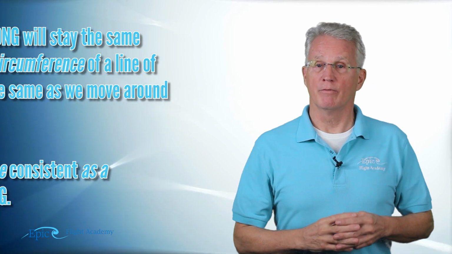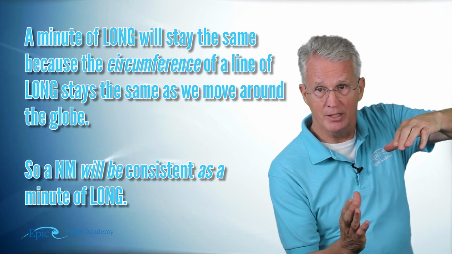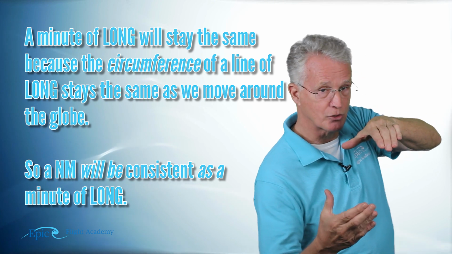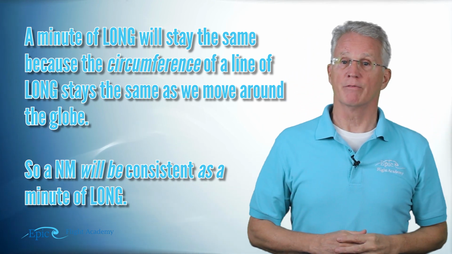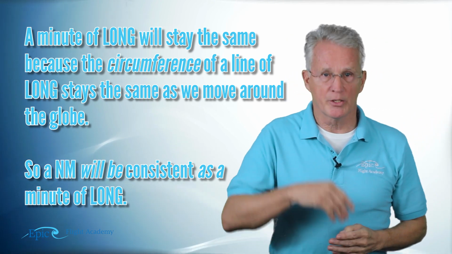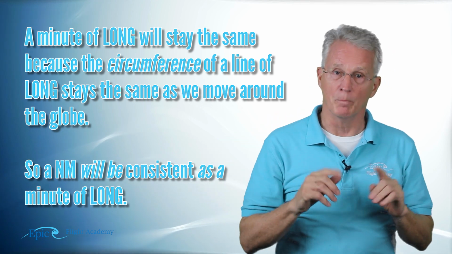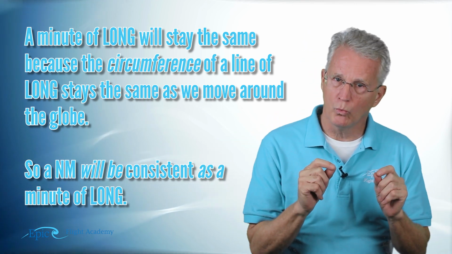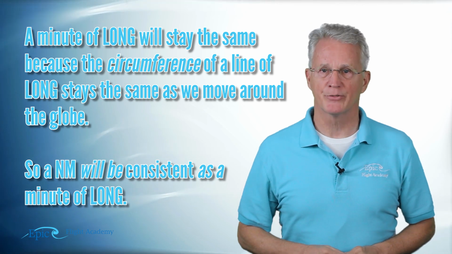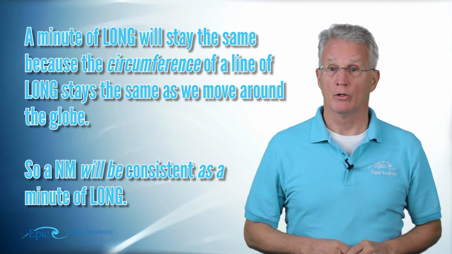However, as you recall, a minute of longitude stays the same because the circumference of a line of longitude stays the same as we move around the globe. So a nautical mile will be consistent as a minute of longitude.